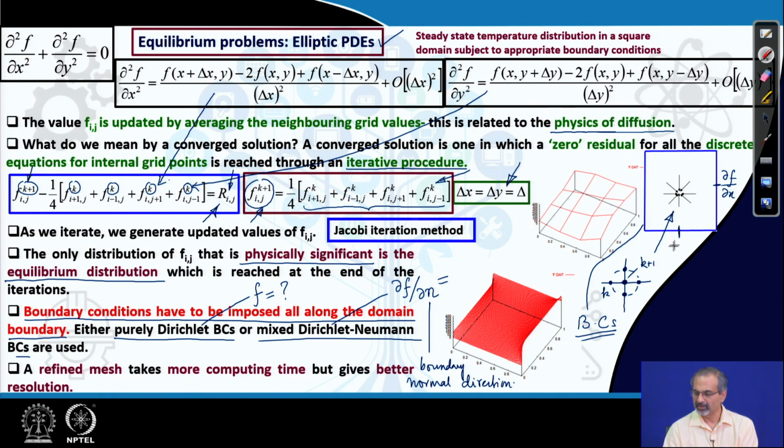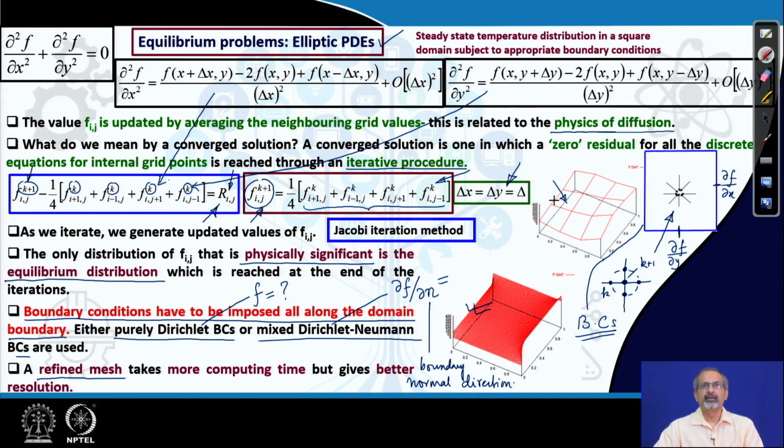If it is a boundary like this, you have to tell what is del f del y, because the y direction is normal to this boundary. And then you have to have a sufficiently refined mesh for a good resolution of the distribution of f. So, if you have a fine mesh, a solution will be nicely resolving the details. If you have a coarse mesh, it will be very roughly computed.